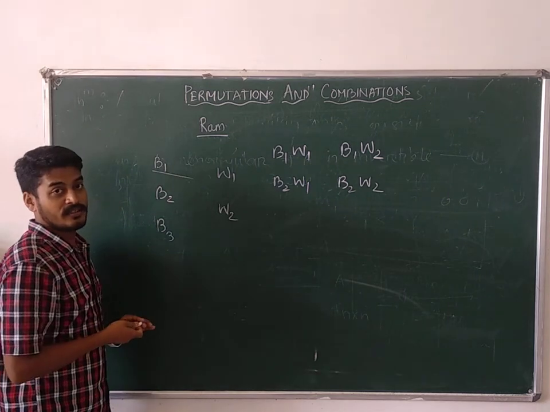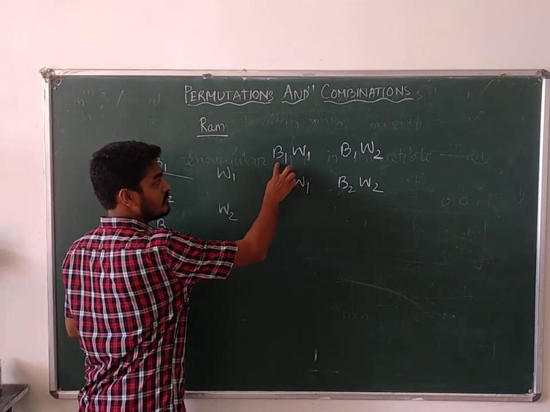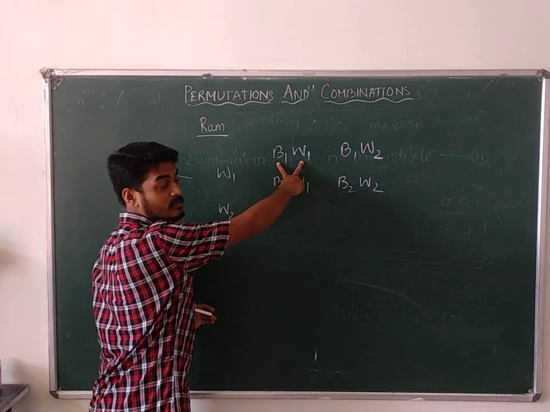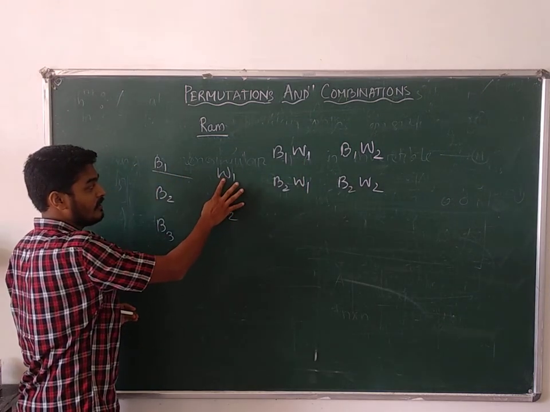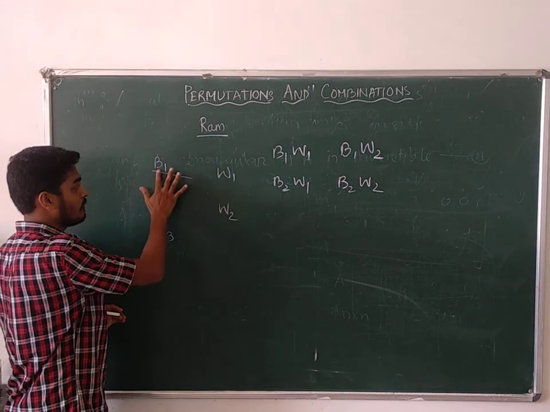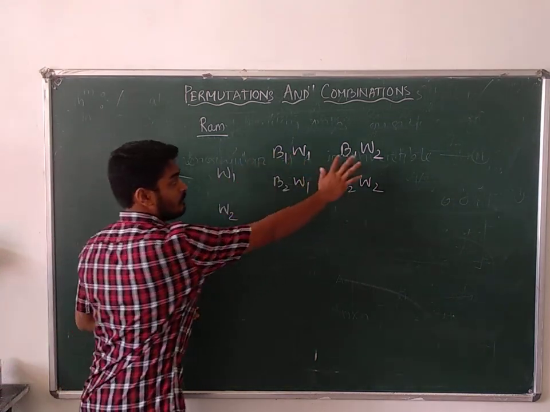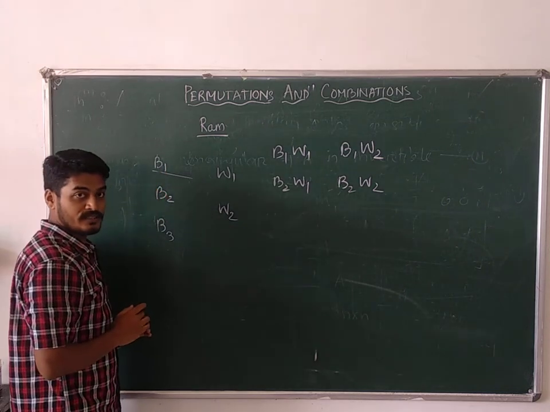All the pairs are different. Suppose we number them: bag 1, bottle 1, bag 1, bottle 2, two different ways.